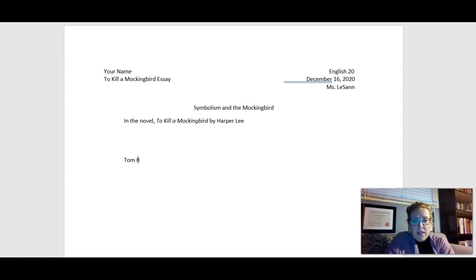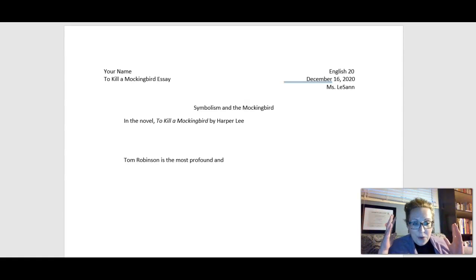So I might say something like, Tom Robinson is the most profound and clearly stated example of symbolism in the novel. I'm going to try and formulate my words.